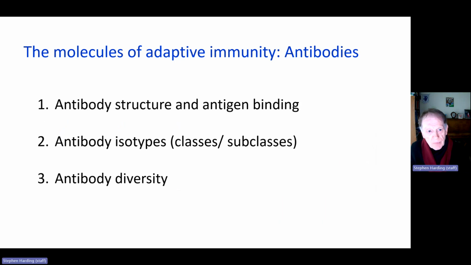Right, so the molecules of adaptive immunity, antibodies. We're going to consider antibody structure and antigen binding, antibody isotypes, classes, and also the subclasses of IgG, and the basis behind antibody diversity.